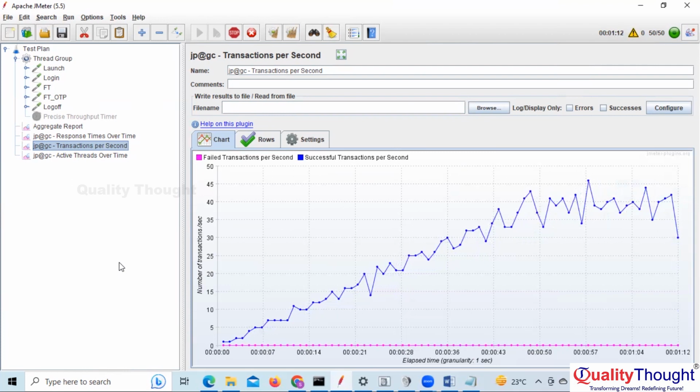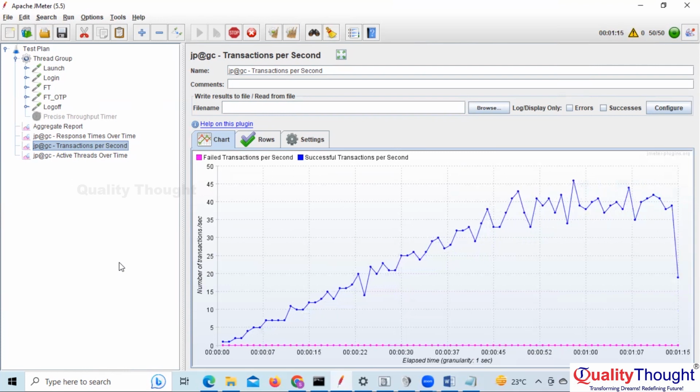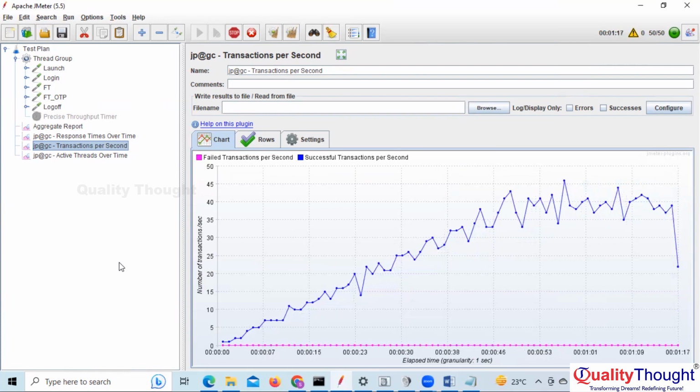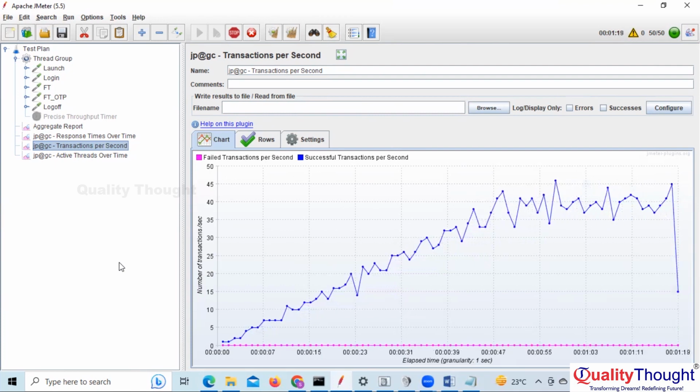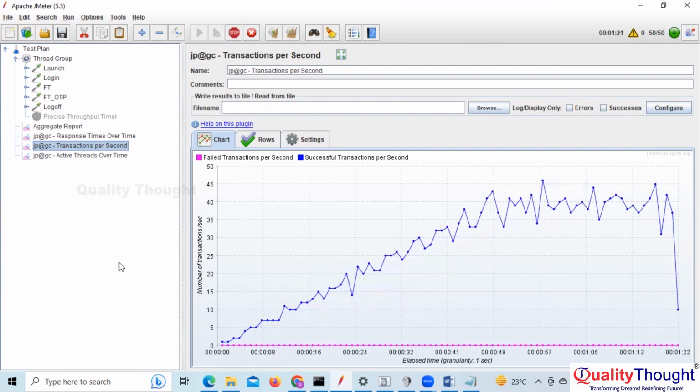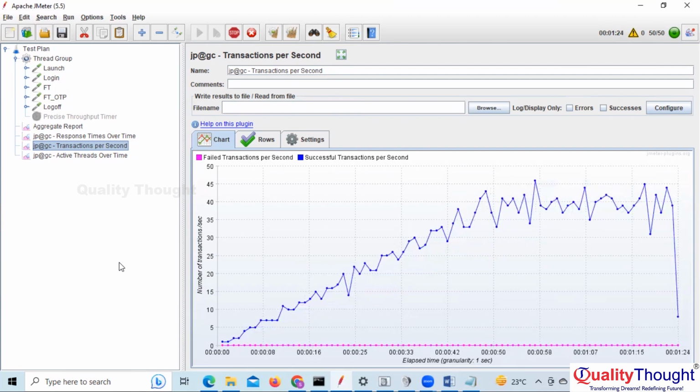Are we achieving 100 TPS? No, sir. Let's see. Let's let the test complete.